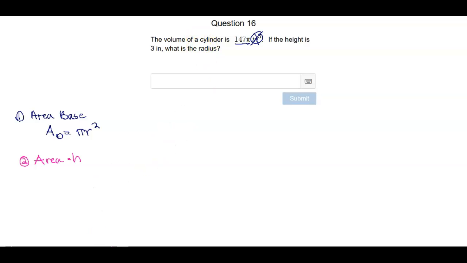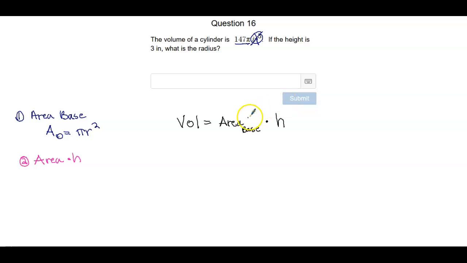So what I'm going to do is use these two things to set up a volume formula. One thing that I have to do when I'm looking for volume is find the area of the base. And the second thing that I have to do is multiply times the height.